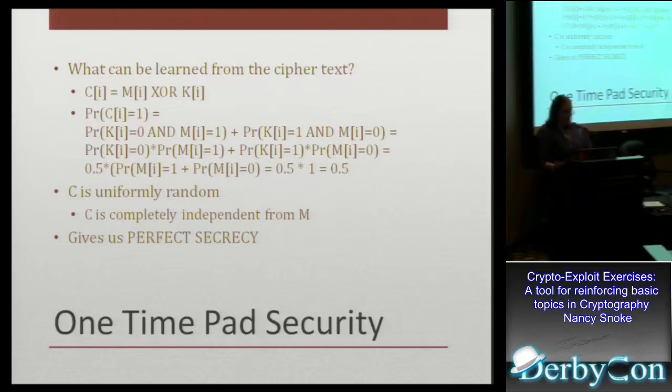So you get exactly a 0.5 chance that any bit in the cipher is 1, and exactly 0.5 that any is 0, which means it's completely independent of the message, and uniformly random, and you get perfect secrecy. So that's the basic definition of the one-time pad, which we're going to use for the demo.